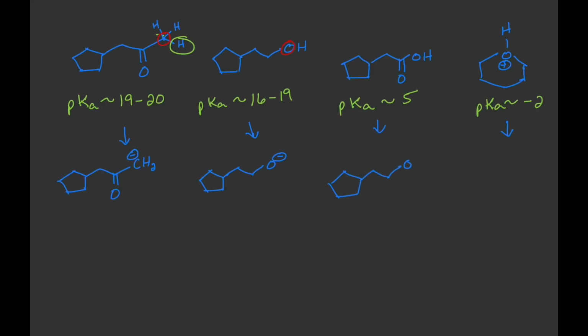Same thing here. We get oxygen with a negative charge, but we still have this carbonyl. We'll talk about why that's important in just a second. And then here, now we just have our neutral oxygen. So these are all of the deprotonated forms, or we could call them the conjugate bases. Remember, those are just the deprotonated forms of the acid.